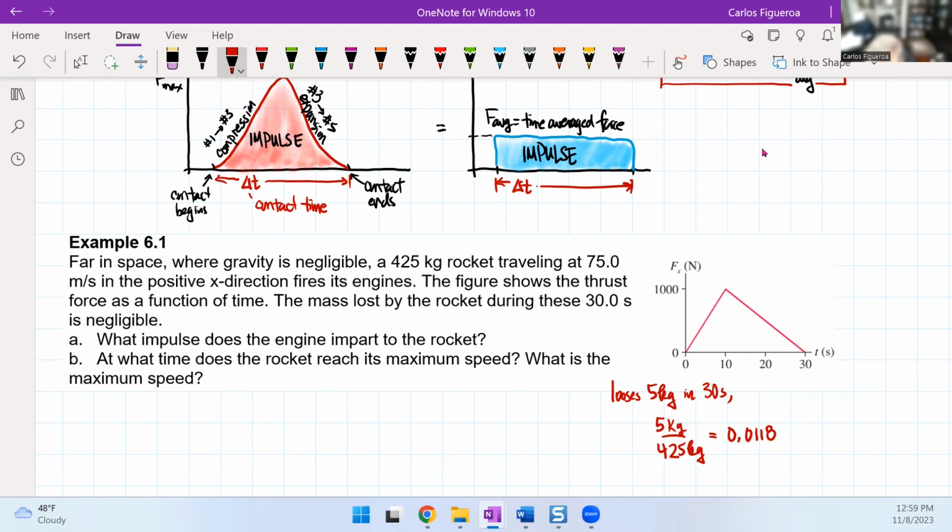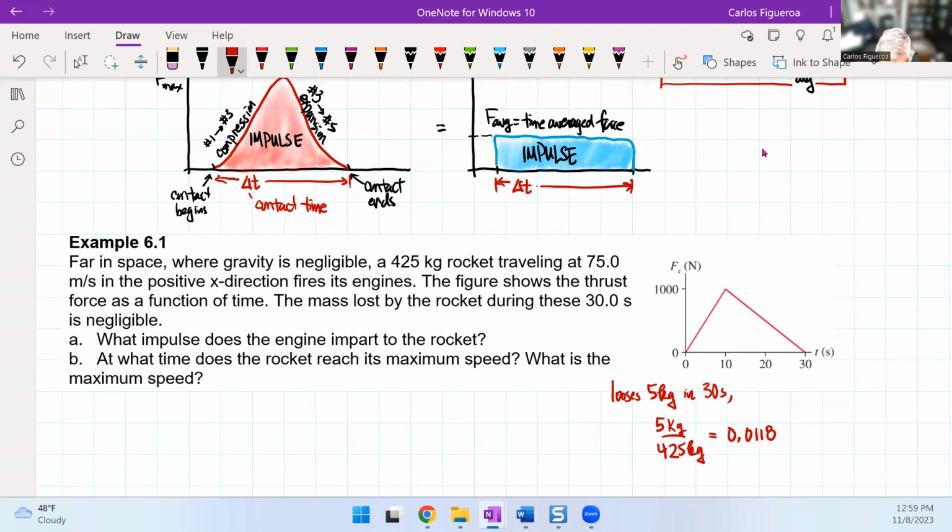So if you need more sig figs than this, then you have to include those 5 kilograms that were lost in the rocket fuel. If you don't, then we say that the rocket didn't lose any mass to a very good value.